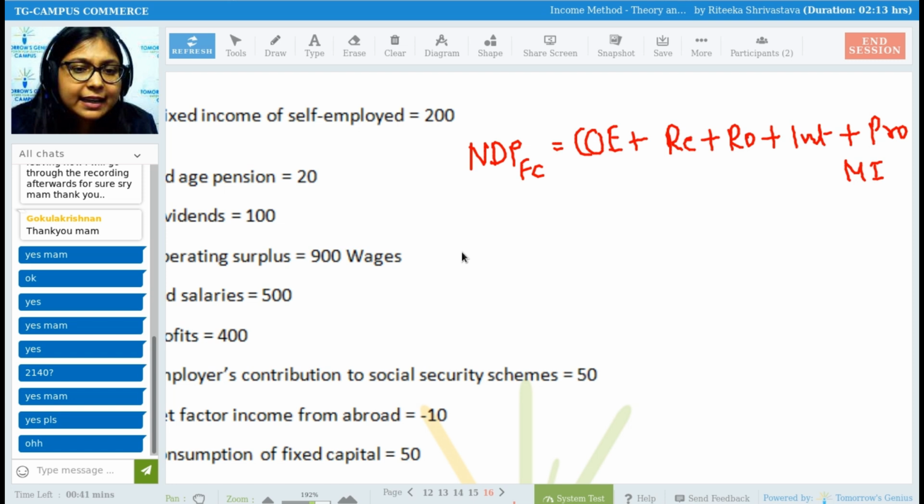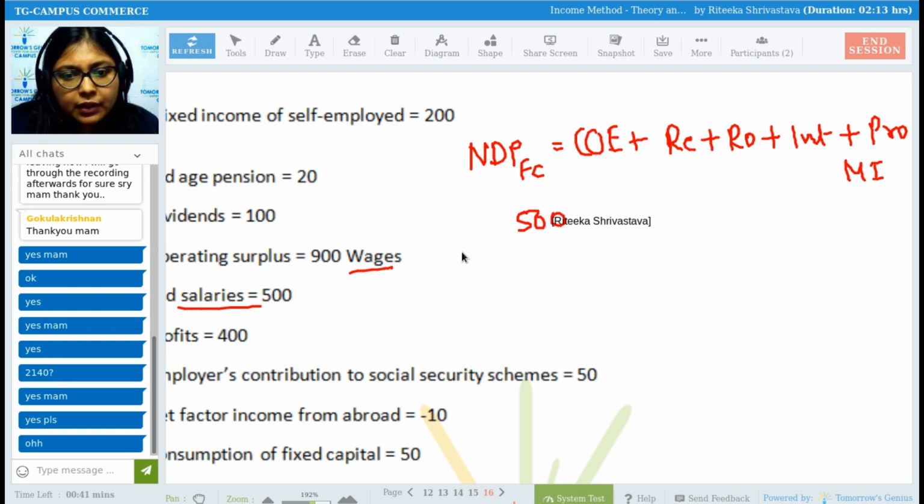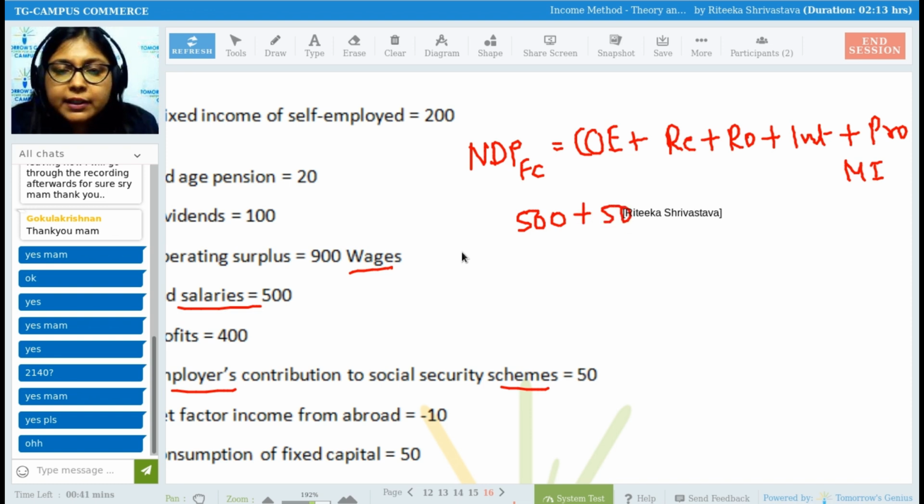I cannot see it directly. Next, we have to find out whether wages and salaries in cash is given or not, wages and salaries in kind is given or not, and employers' contribution to social security fund is given or not. So we can see wages and salaries is given to us, that is 500. Employers' contribution to social security is also given to us, that is 50. So we got the first part, that is compensation of employees.